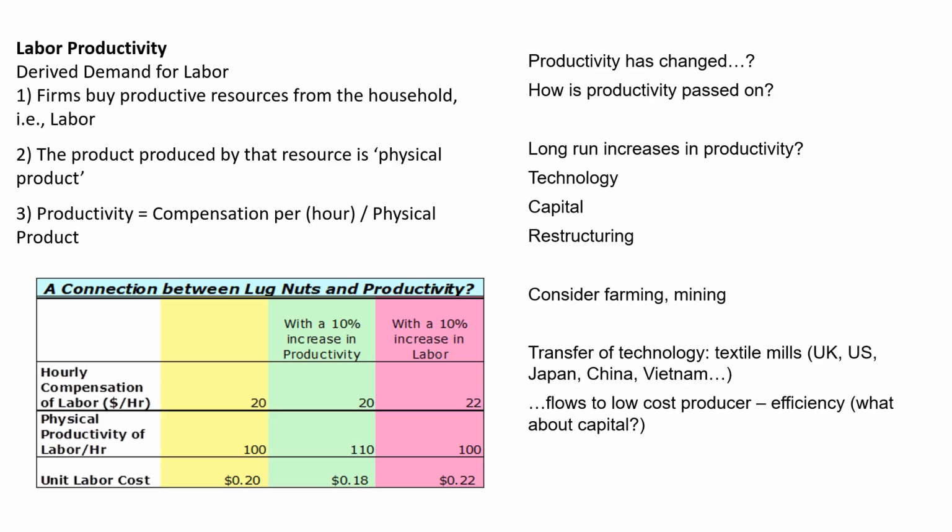So there's not much in the way of textiles being produced in the UK or the U.S. Probably not Japan, China more so, and Vietnam as well. Just another example of it coursing through the system. So again, low cost producer efficiency. The idea is that capital goes to where it is most efficient, and here we're talking about physical capital.